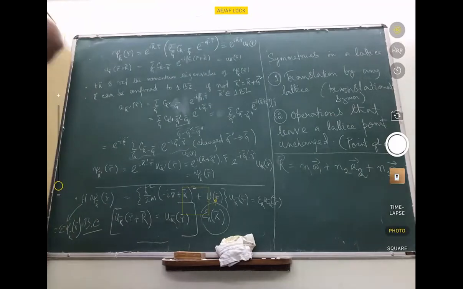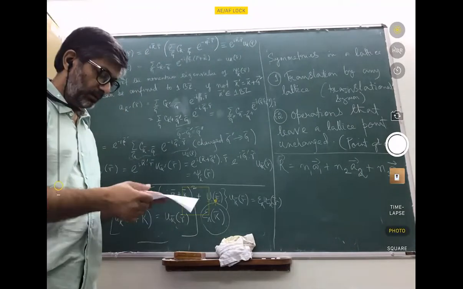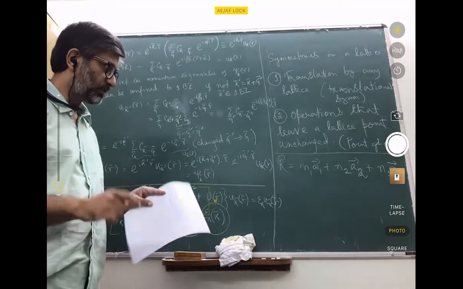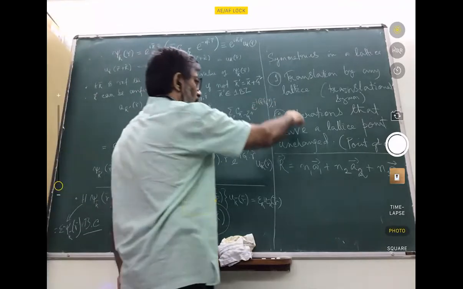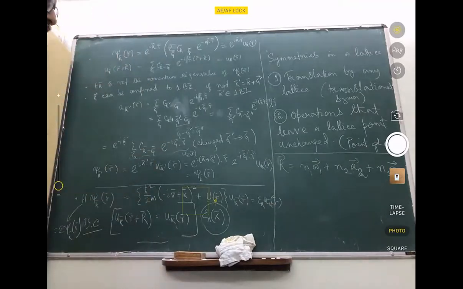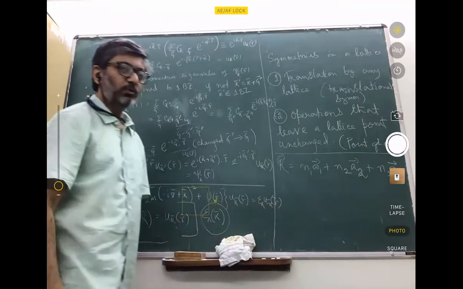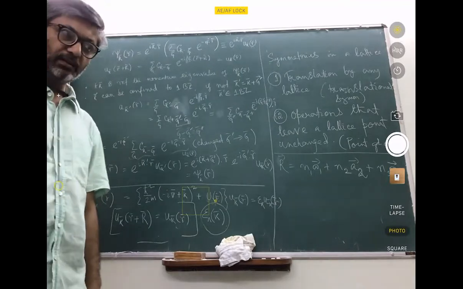So I'll not get into any more mathematical discussion of this, but just to give you the nomenclature. So this set of operations gives you the point group symmetry of the lattice, and this taken together gives you what is called the space group symmetry of the lattice.